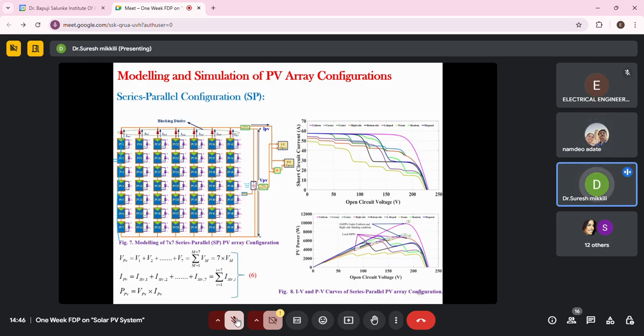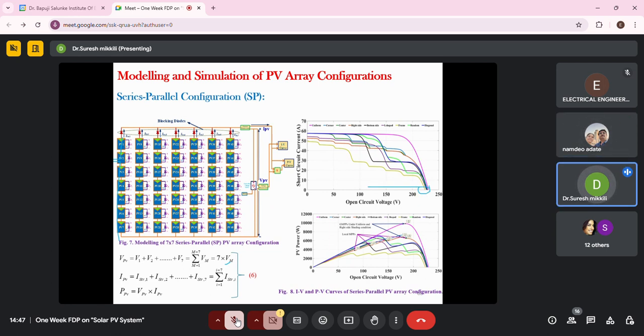So voltage will be 7 into Vm, 7 into 32.9, take 33, approximately 231. So this is medium voltage.